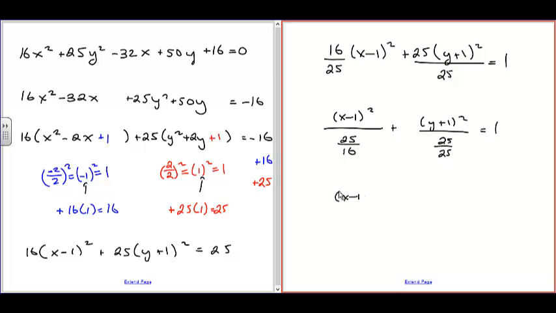So we get x minus 1 squared over 25 over 16 plus y plus 1 squared over 1 equals 1. Now 25/16 is larger than 1, so as before, the x-axis is the major axis because it's the longer one.